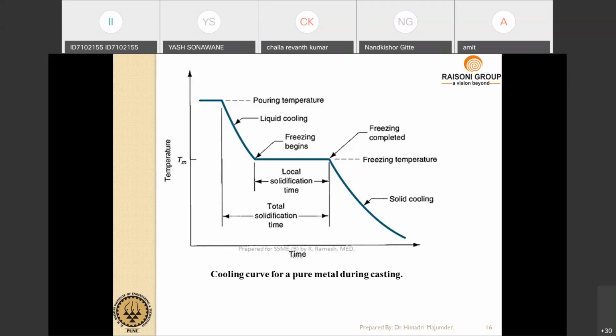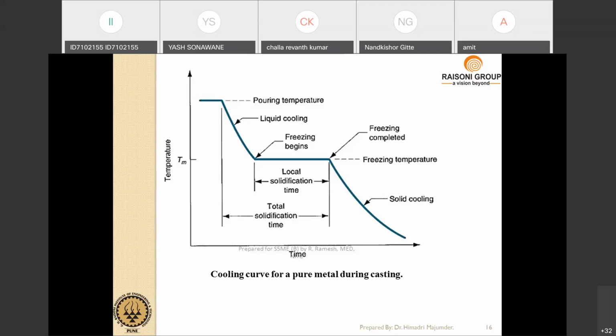and we pour that molten metal in that die cavity. Die means there will be a cavity, an impression of your product. When you pour that molten metal in that cavity, when it gets cooled, we keep it for some time so that the molten metal gets solidified.